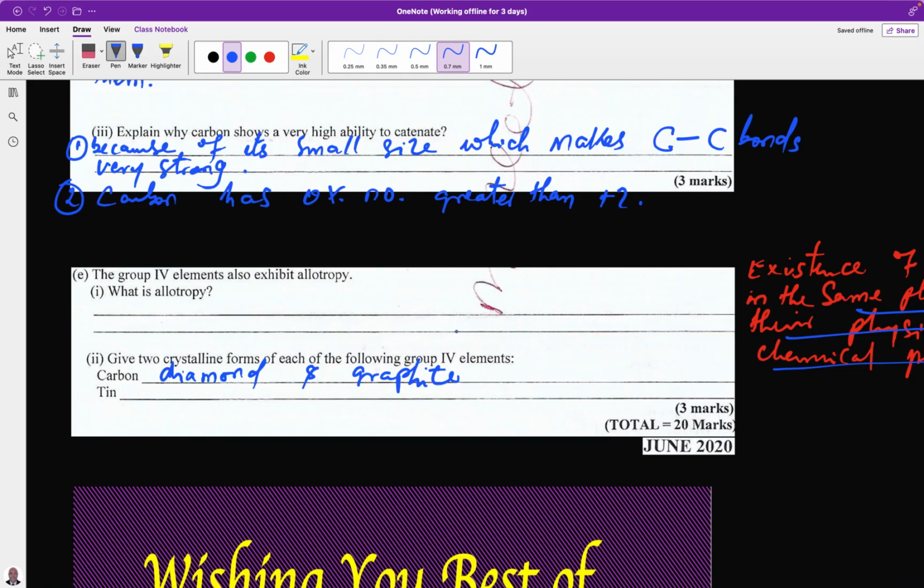We cannot include fullerene there. So in a crystalline form, it is diamond and graphite. Okay, tin. Tin is another example.